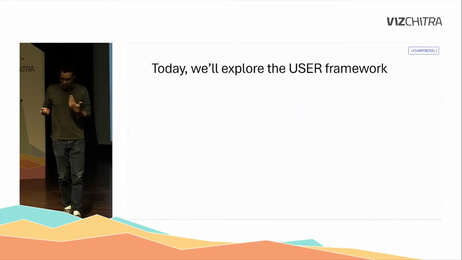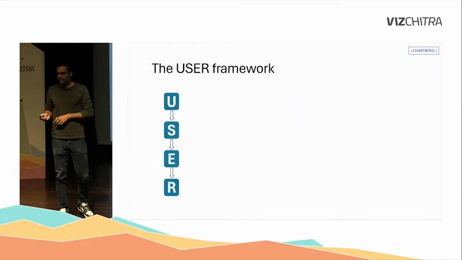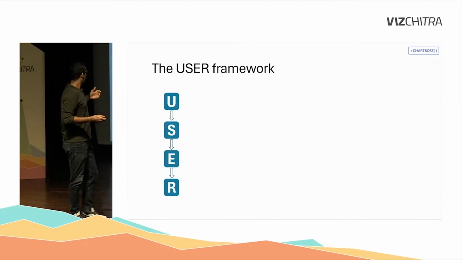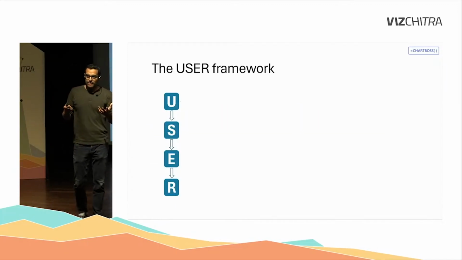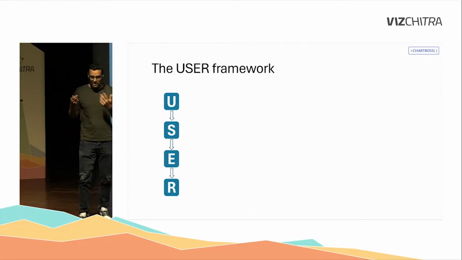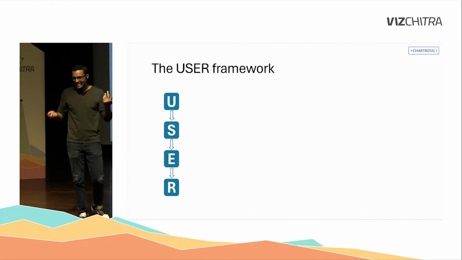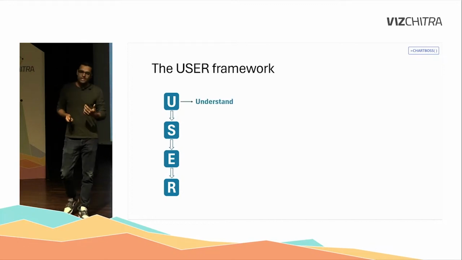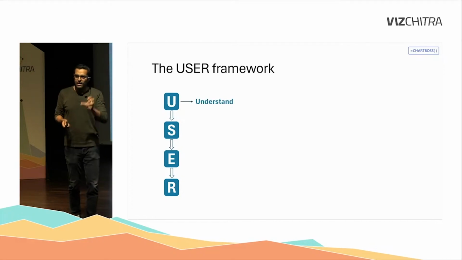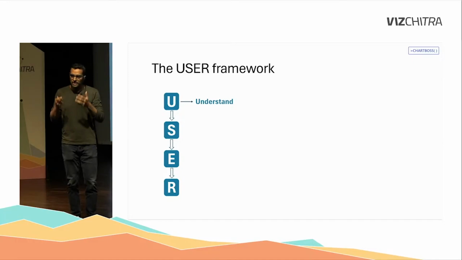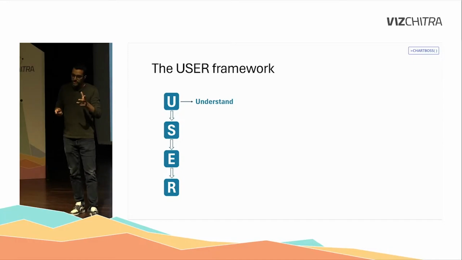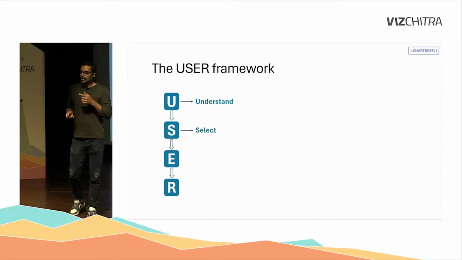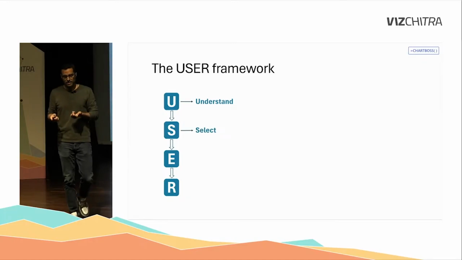So we're now going to explore this user framework for dataviz, and I can assure you that it was not concocted this way, it just happened to organically come around this way when I organized the different things together. So the U stands for understand, right? That is at the heart of any UX process. You need to understand. What do we understand? We'll get into that next. Next is select.